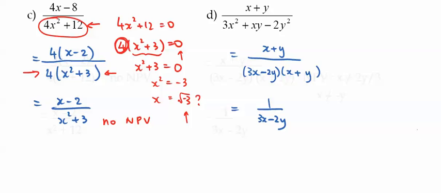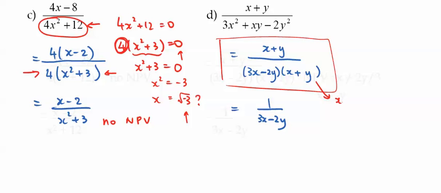You can also use the previous expressions here to identify any non-permissible value. From the denominator, you don't want your x to be negative y.